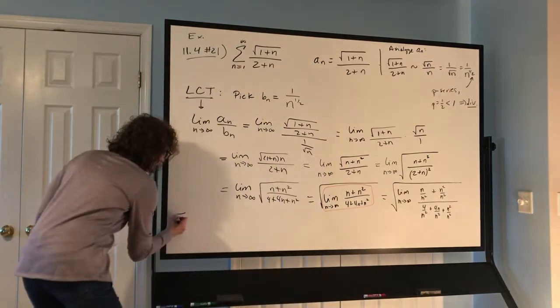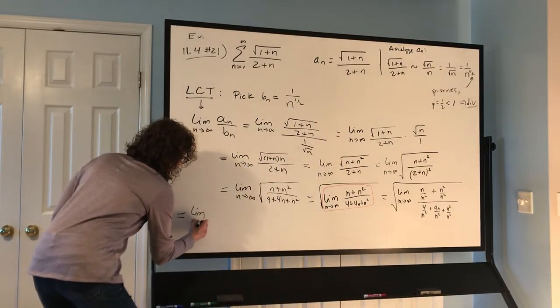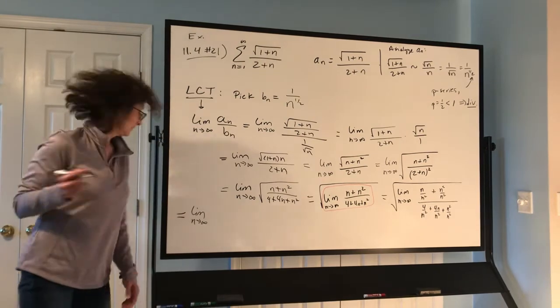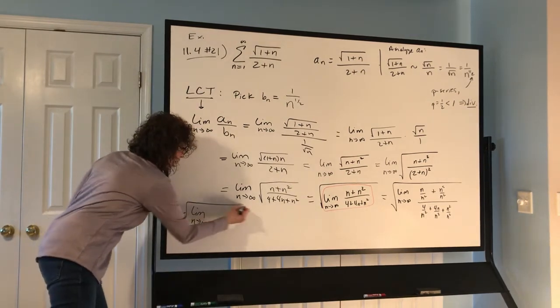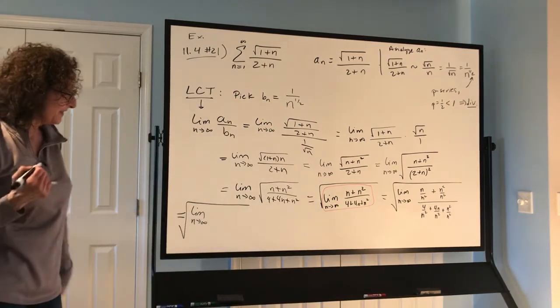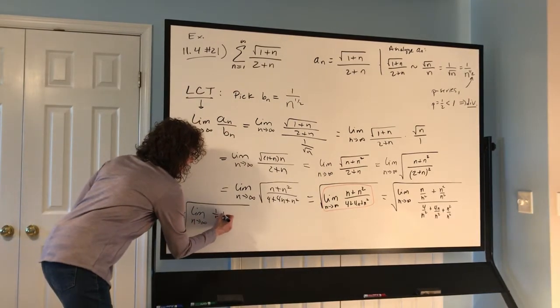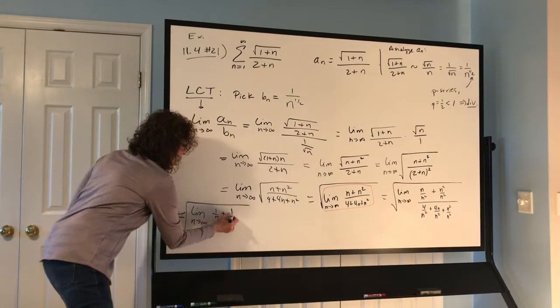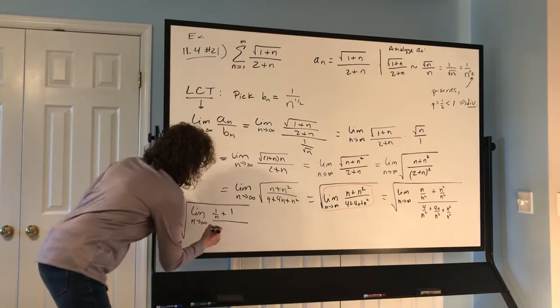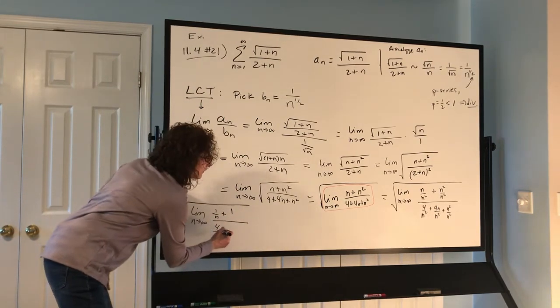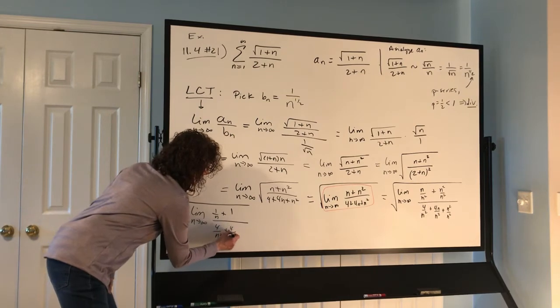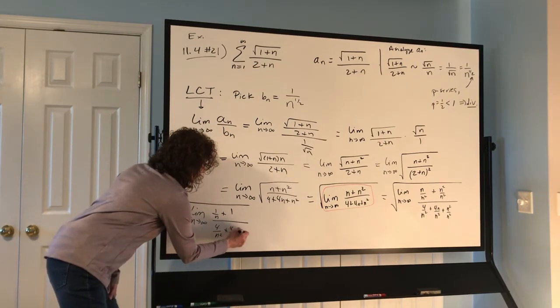Okay, keep going. This is the square root of the limit as n goes to infinity, right? What is n over n squared? 1 over n. The other guy is 1. Denominator, what do we have? 4 over n squared plus 4 over n plus 1.